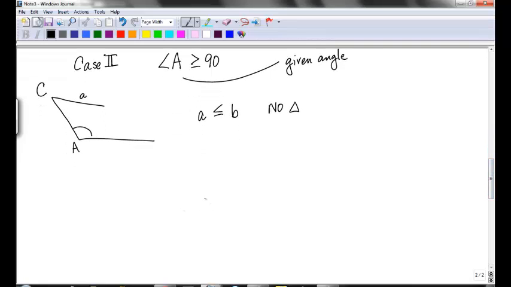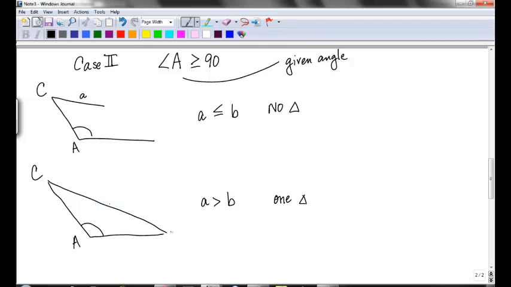Still in case 2, if A is greater than B, you're going to end up with one triangle. And that one's going to look something like this. They probably have better pictures in the book. So the angle's greater than or equal to 90.